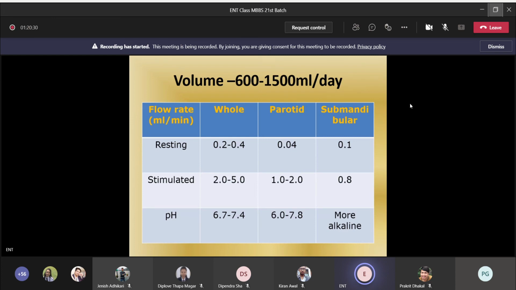At rest, the whole is 0.2 to 0.4 liter, parotid 0.04 and submandibular 0.1, and on stimulation 2 to 5. In parotid, 1 to 2 per minute, and 0.8 from the submandibular gland.